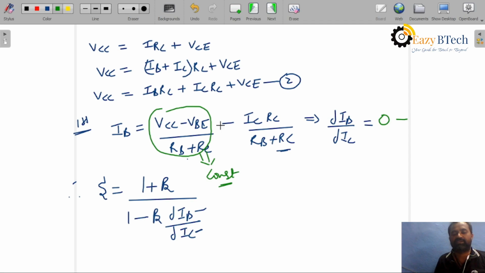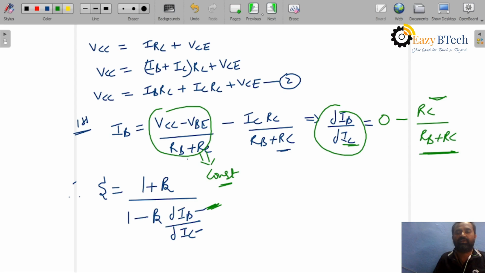Then minus: IC is there, and differentiating with respect to IC gives 1, so minus RC by RB plus RC. In place of dou IB by dou IC, you can write minus RC by RB plus RC, and substitute it in the stability factor. Okay students, what will you get?